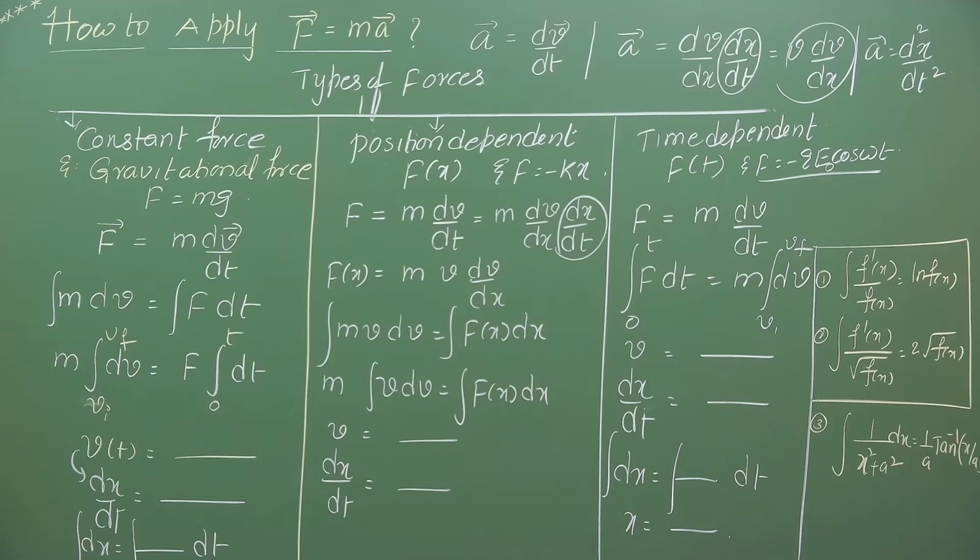Same, just variable separable. F of v equal to m dv by dt. F of v will come this side, dt will go that side. That's nothing else. Try. Otherwise, I will explain. Just variable separable, first order differential equation. One more force is there, velocity dependent. Try yourself, after that I will write here.